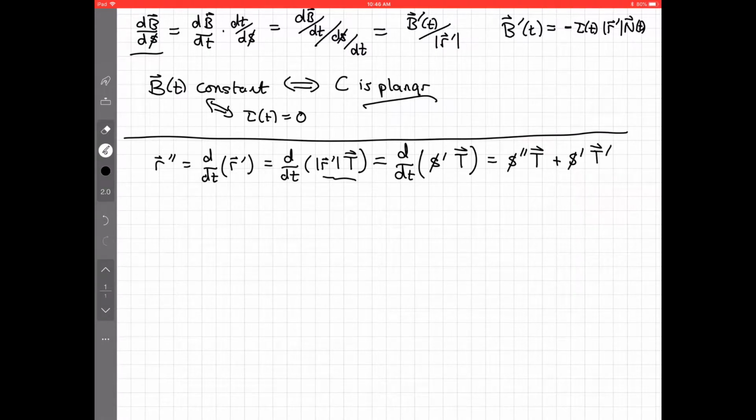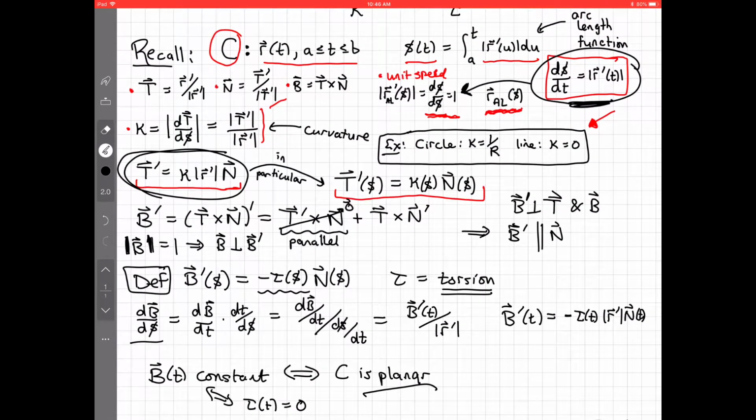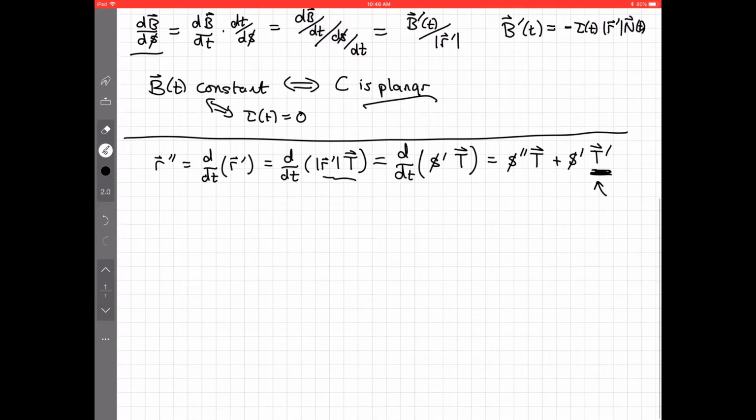Then we can rewrite this, keeping in mind that we already have a formula for t prime in terms of the unit normal. Namely, t prime is kappa times the length of r prime times n. Also keep in mind that s prime is the same thing as the length of r prime.